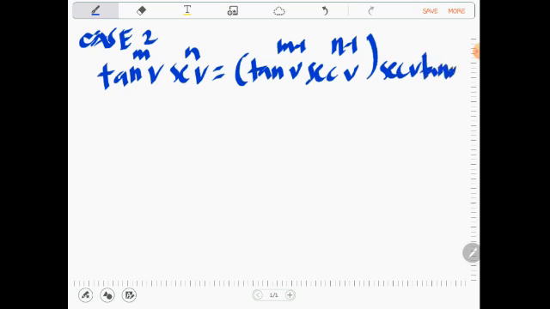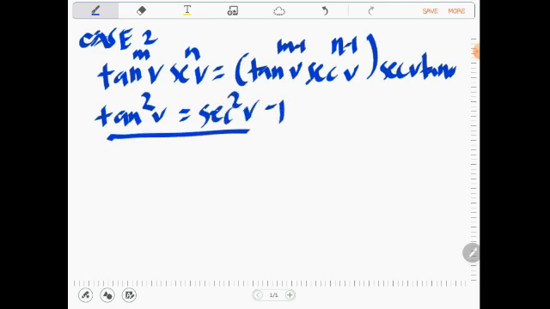Then use again the trigonometric identity na tangent squared v is equal to secant squared v minus 1.